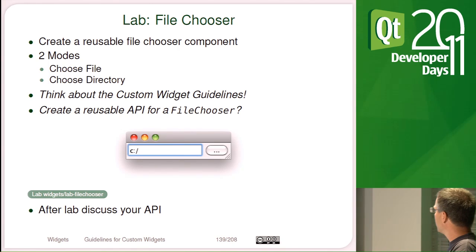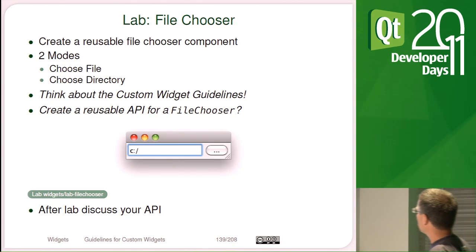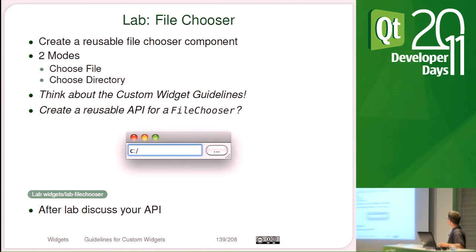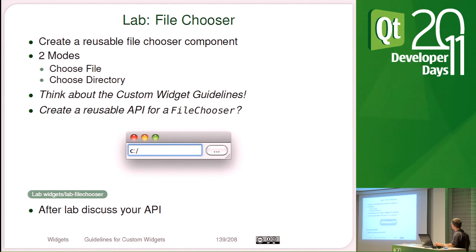So here is a good lab how to implement a composite widget. This widget just consists of a line edit and a push button, using, in this case, a horizontal layout to arrange the controls.